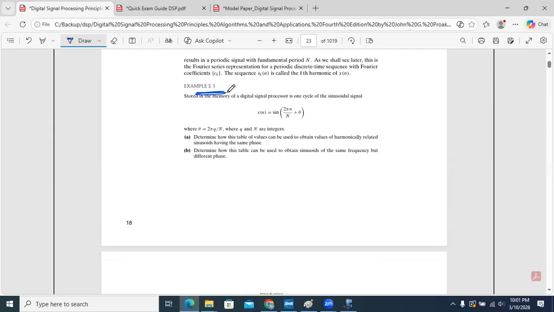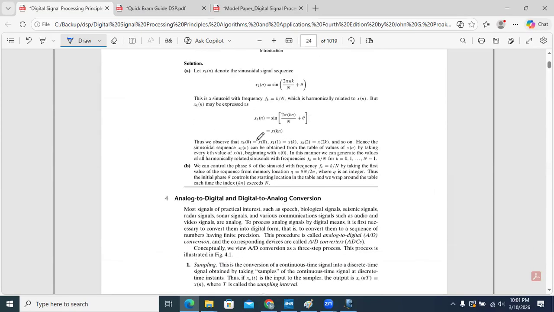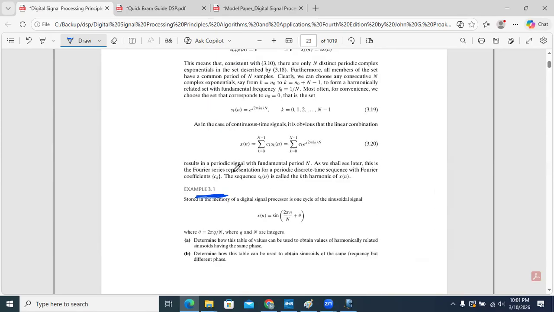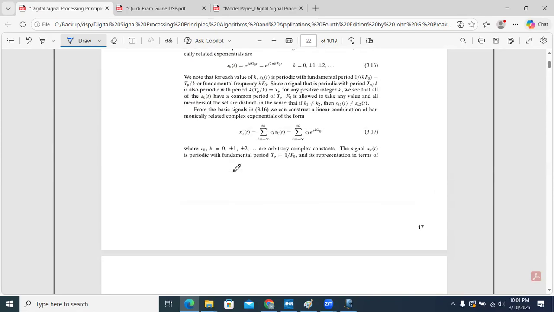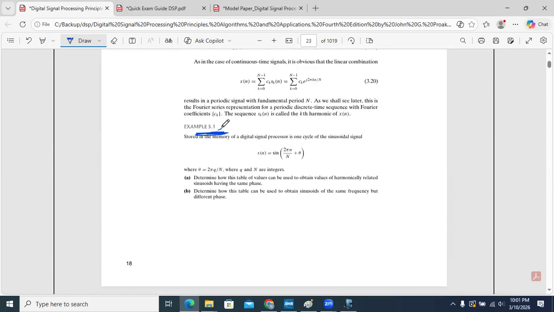I think this kind of question will come. So what I have explained is this. Try to do this one. The solved solution is there, so you can refer to it. Very easy. Do this question also. I think it is not highlighted here.